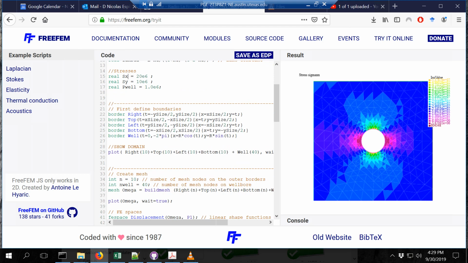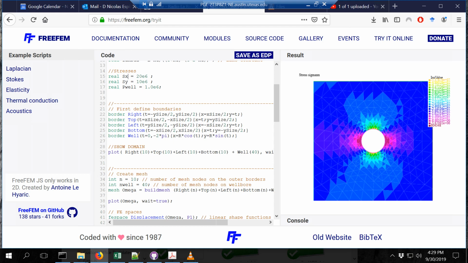The way FreeFEM does this is that it takes an input, anything that you do clockwise. Here I'm defining 4 lines. If you close that clockwise, it's going to create a surface.